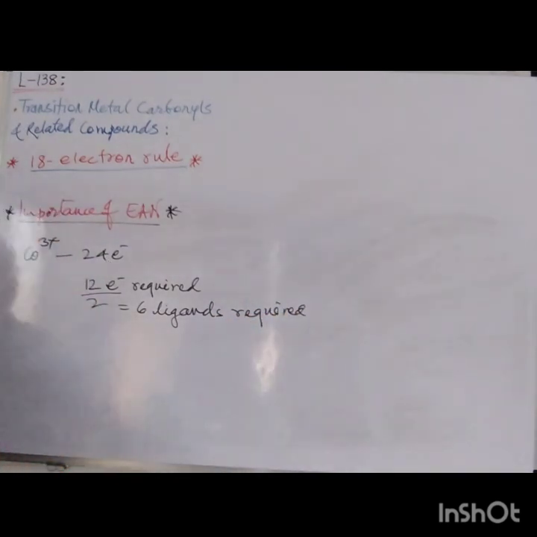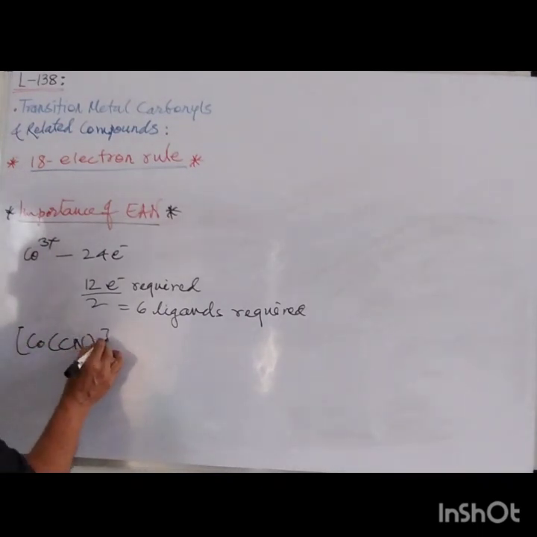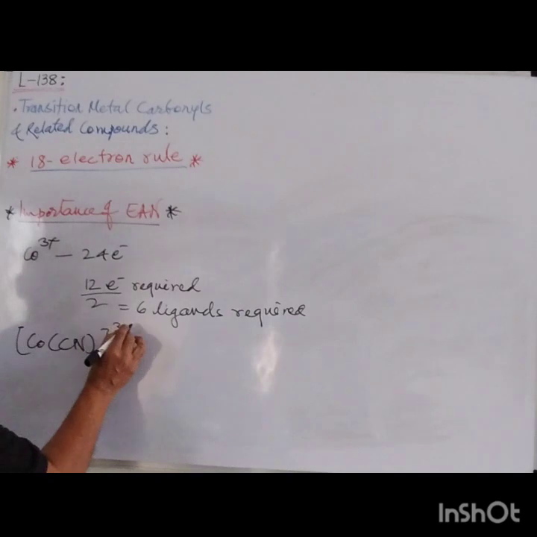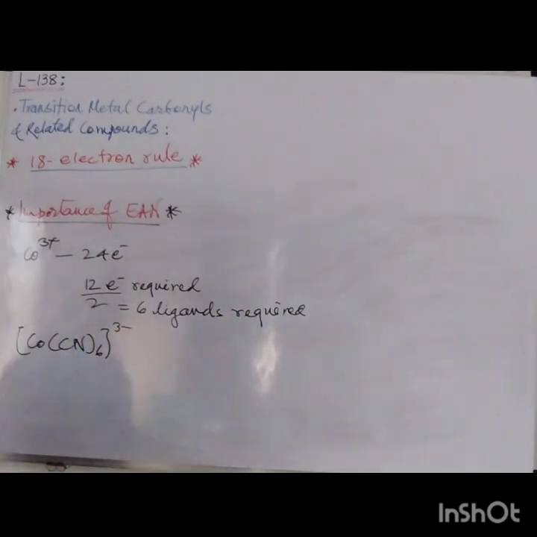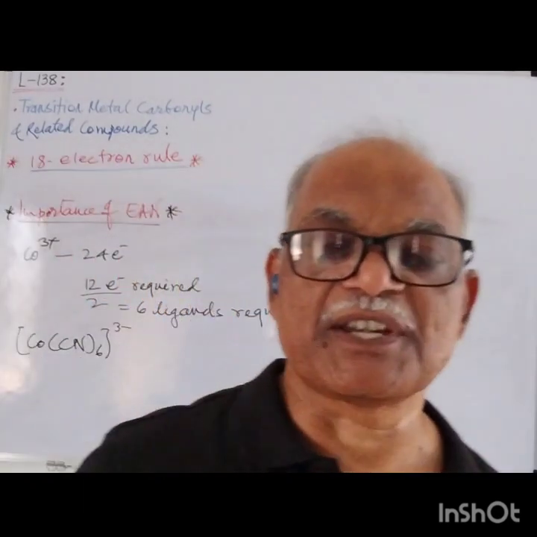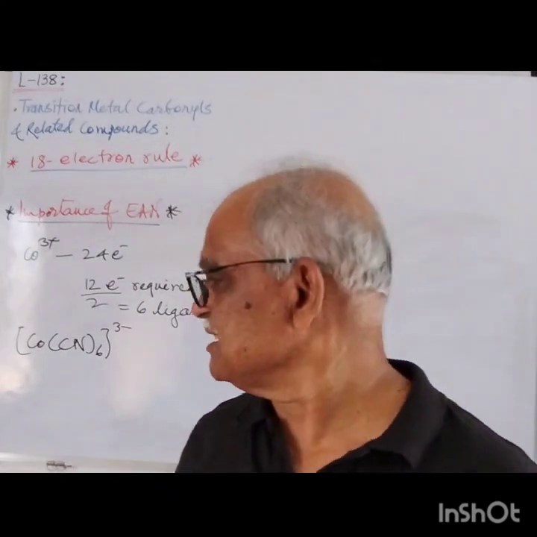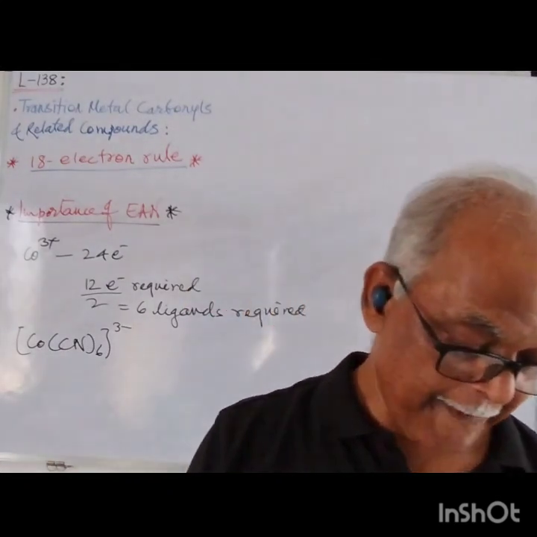So cobalt in the 3+ state will combine with 6 ligands to satisfy its requirement, and it gives [Co(CN)6]3-, or you can even consider [Co(NH3)6]3+. This is just one example.